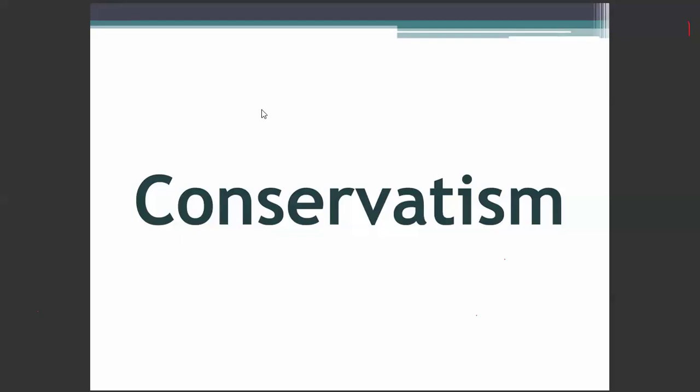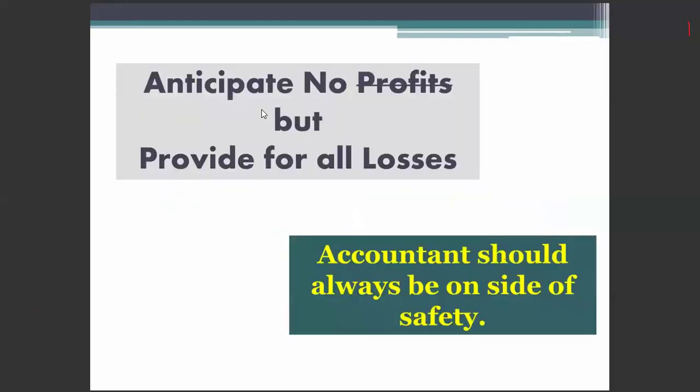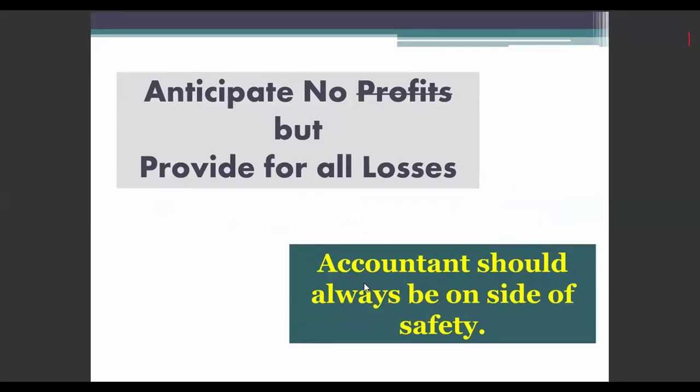Now let's talk about the conservatism convention. Now, as per this convention, when I'm maintaining the books of accounts, I should always ensure these are maintained as per accounting concepts, these are maintained as per accounting standards, and cheating, fraud, and risk I need to avoid.